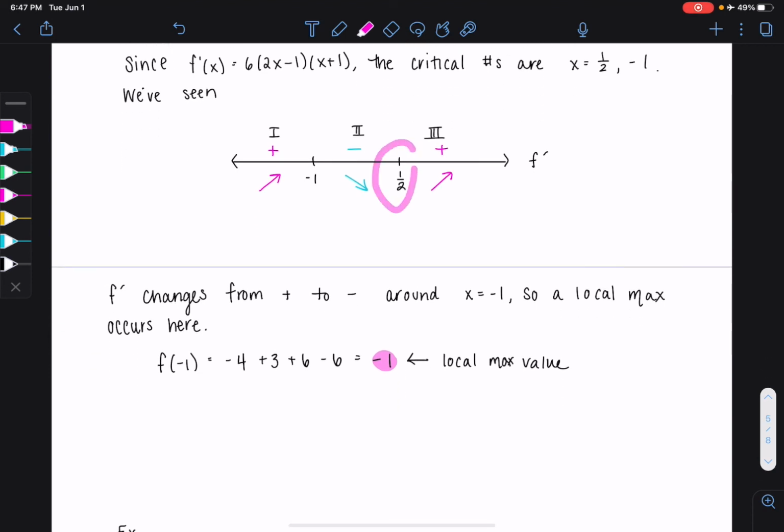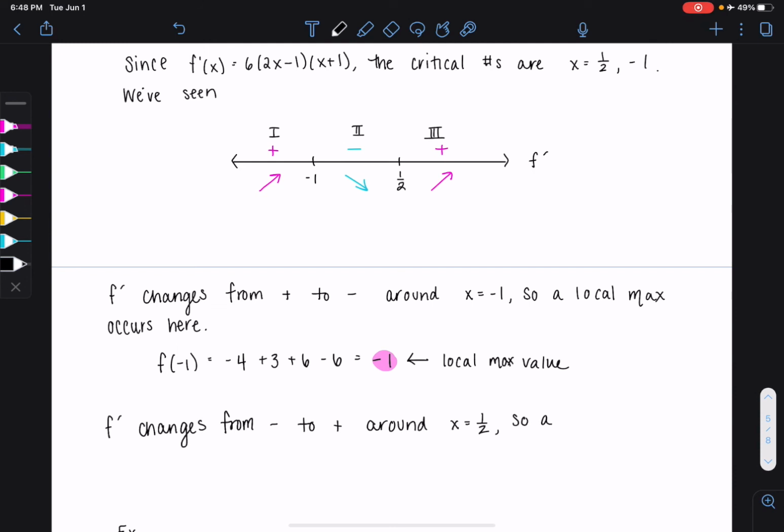Now, around +1/2, we switch from negative to positive on our derivative. So f prime changes from negative to positive around x equals 1/2.